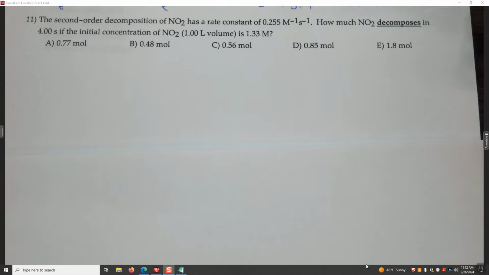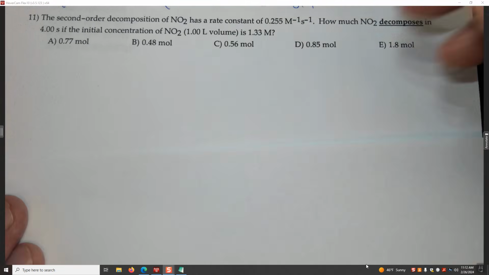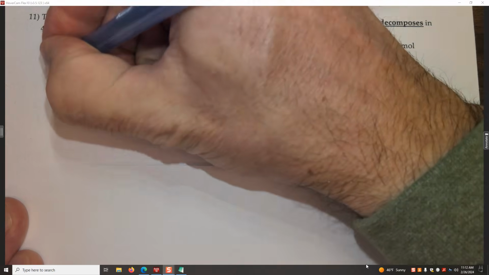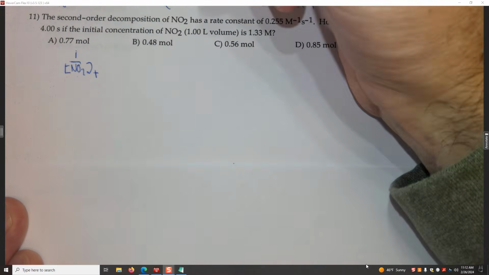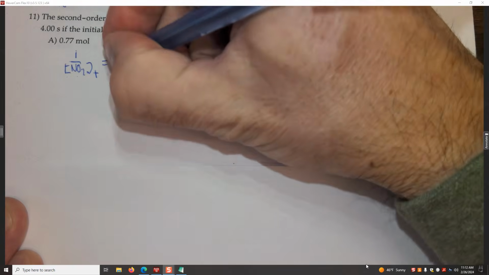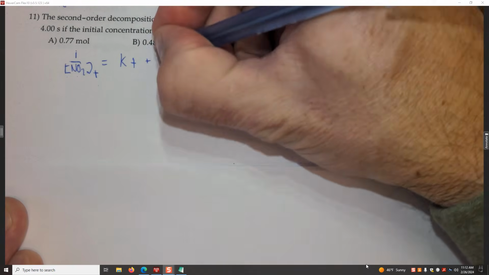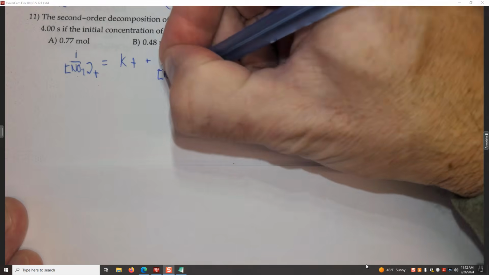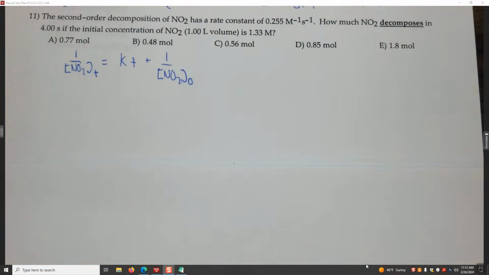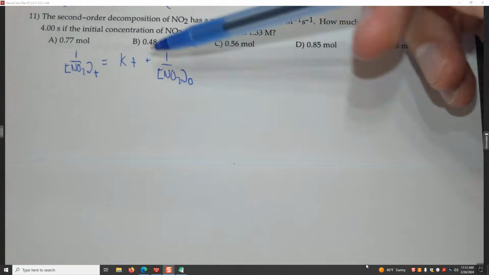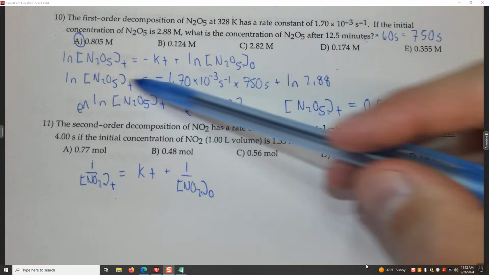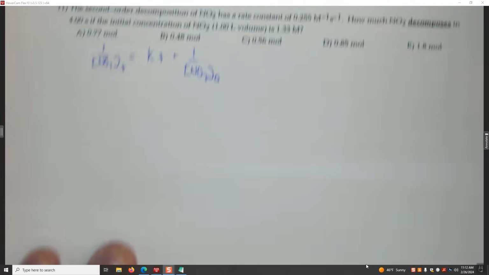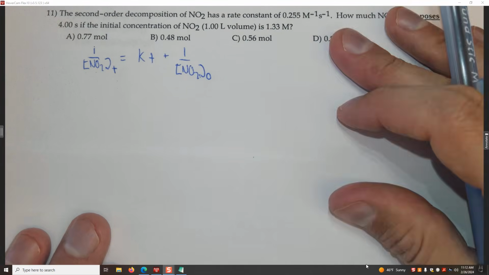We need to know the integrated second order rate law, so we need to use the right one. In this case it's 1 over the concentration of NO2 at some t equals positive kt plus 1 over the concentration of NO2 initially. Okay, so this is the integrated second order rate law. This was the integrated first order rate law, so just make sure you use the right integrated rate law.